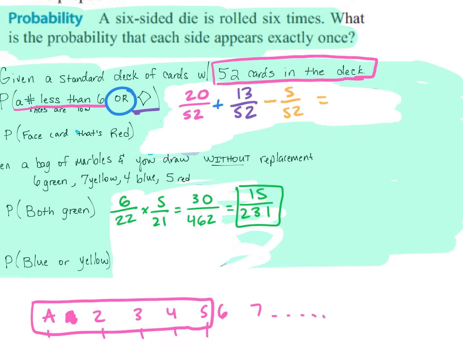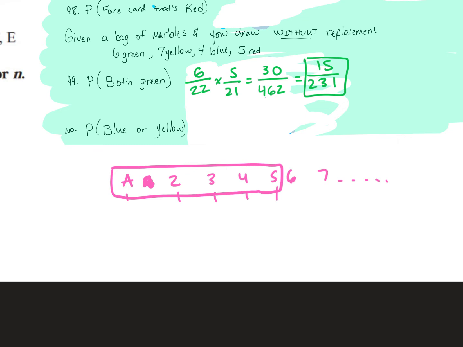I have ace, 2, 3, 4, 5 in each suit. So this is, let's say, the clover, and then I have the spade, a heart, a diamond. This one will be the club. I don't play cards.